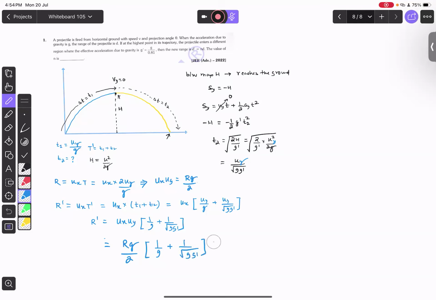And that is going to be equal to R by 2 into 1 plus root over g by g dash, correct? And what is g by g dash? g by g dash is 0.81, no? Yes, sir. So that will give us R by 2, 1 plus root over 0.81.